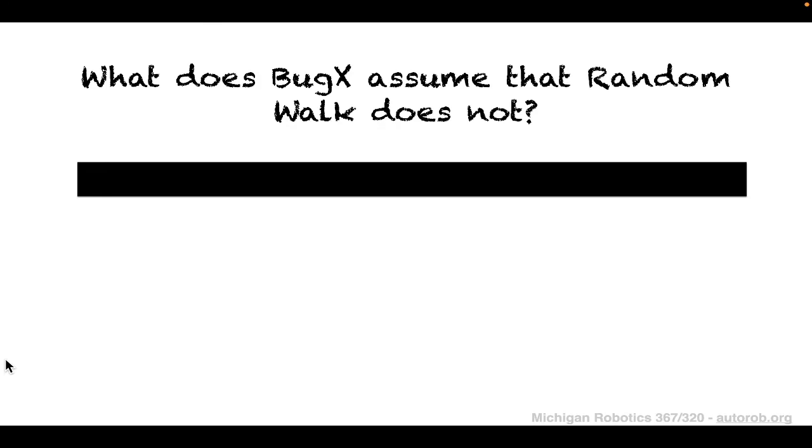As a final concluding point, one thing that is useful to think about is some of the distinctions between the bug X algorithms, so the bug 0, 1, and 2 that we looked at, versus the random walk. In particular, what does bug X have access to that the random walk does not have access to? You can pause the video and try and recall.